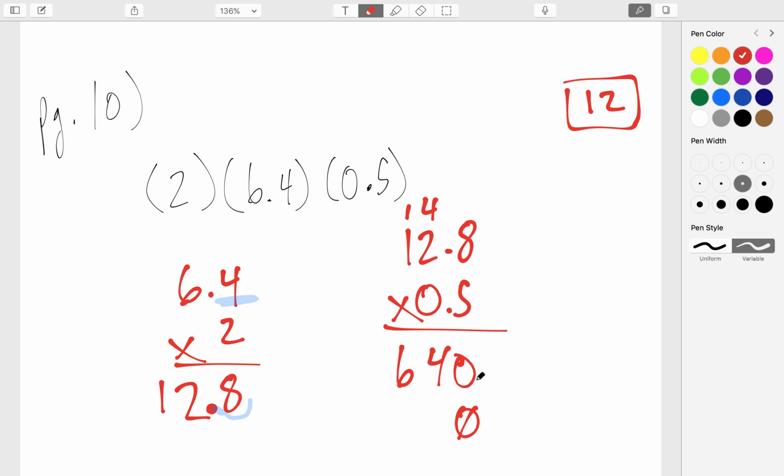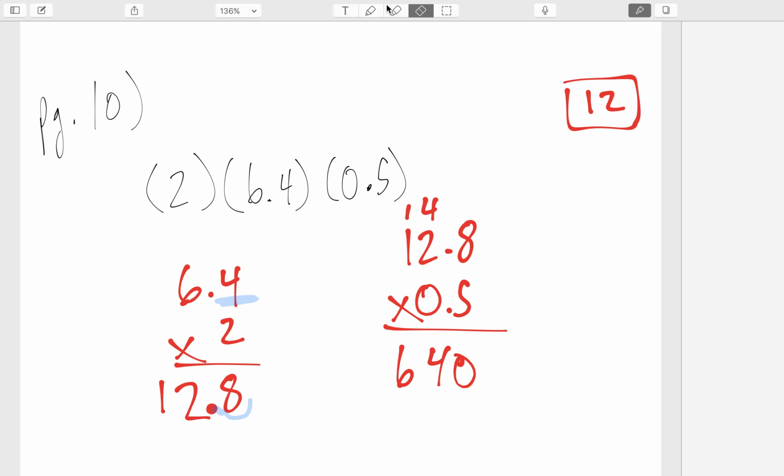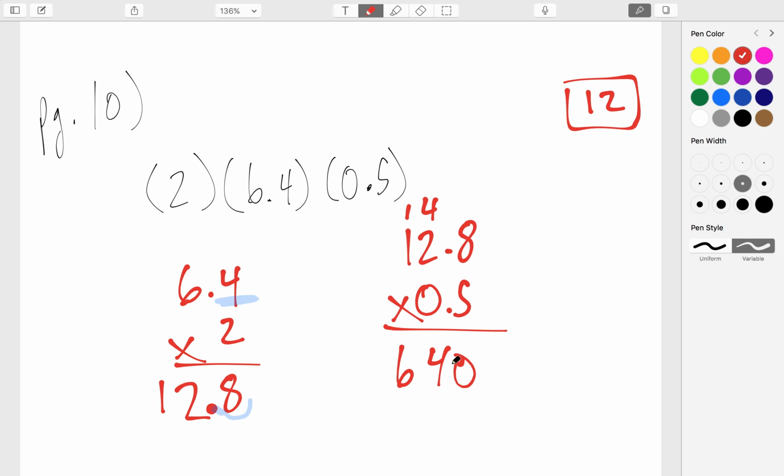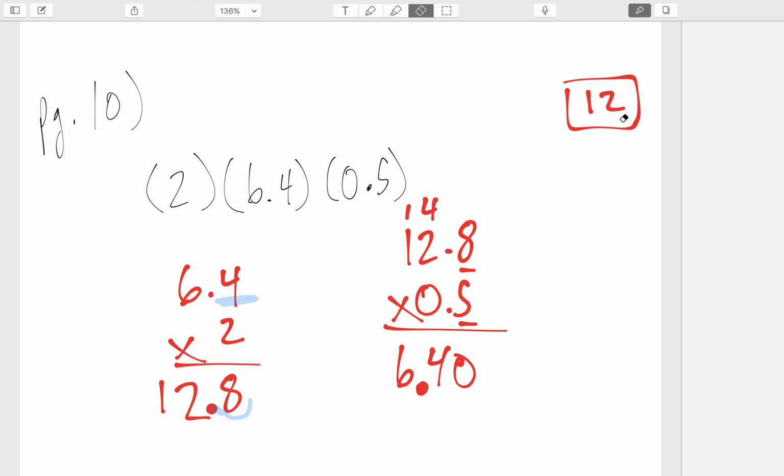Placeholder, well, we don't need the placeholder because it's just going to be zeros. So this one we get to skip because 0 times all this will just be zeros. How many times should I move it over? 1, 2. So 6.40.